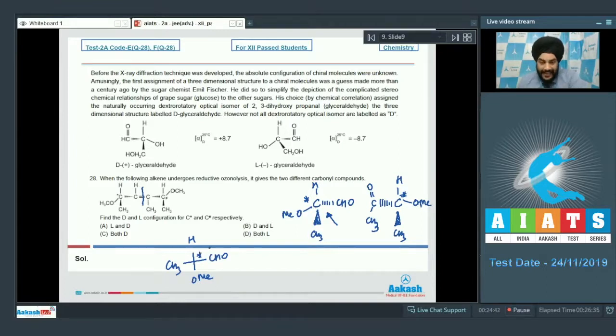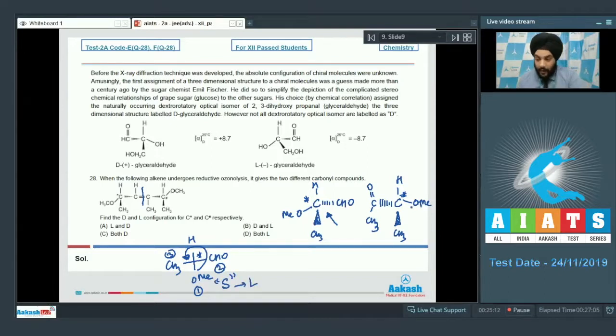So if we try and figure out the RS configuration, we knew that D was R. So if we assign the priority, students, OMe will be first, CHO will be second, and the CH3 will be third. So if we move from 1 to 2 to 3, the least priority group is already going away from us. So this appears to be anti-clockwise rotation. So this is S, students. So S means it is L.